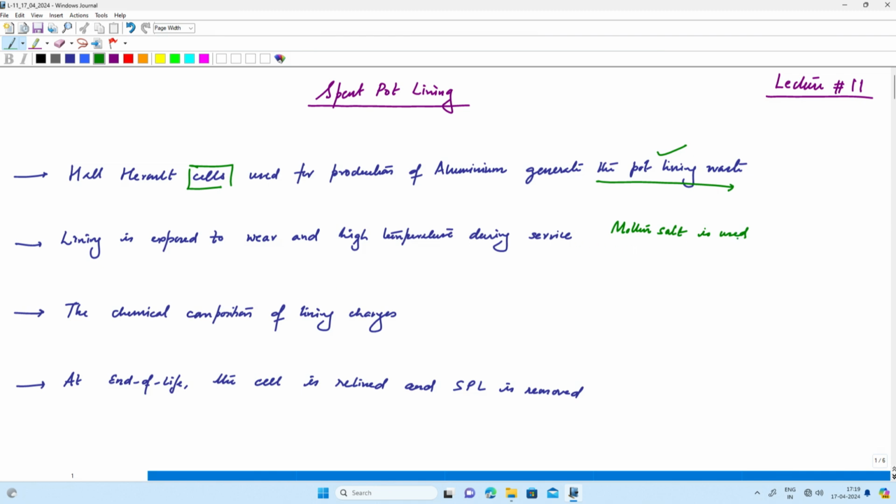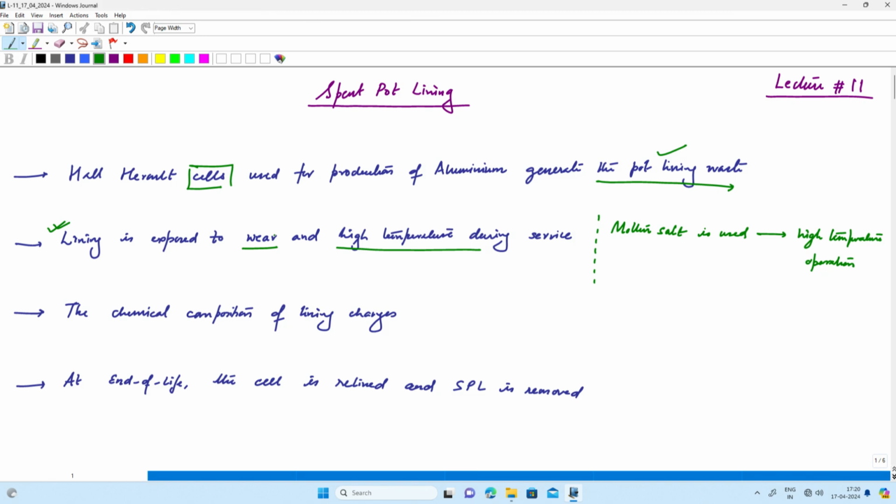So, molten salt means high temperature operation, and we had discussed that nearly 960 to 980 degrees, or even higher or lower around that range, is the temperature at which the Hall-Héroult process has to be maintained, and of course the optimization is done unit by unit and plant by plant. So, under such circumstances, wear and high temperature exposure is common for the lining.